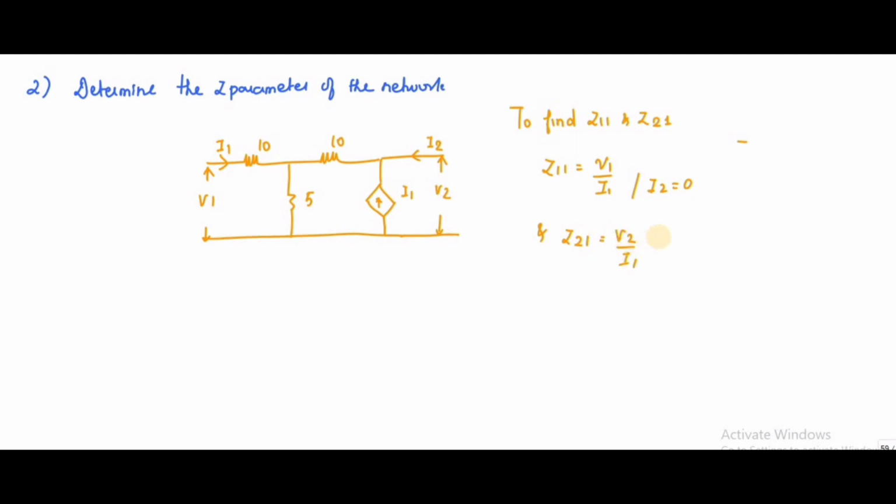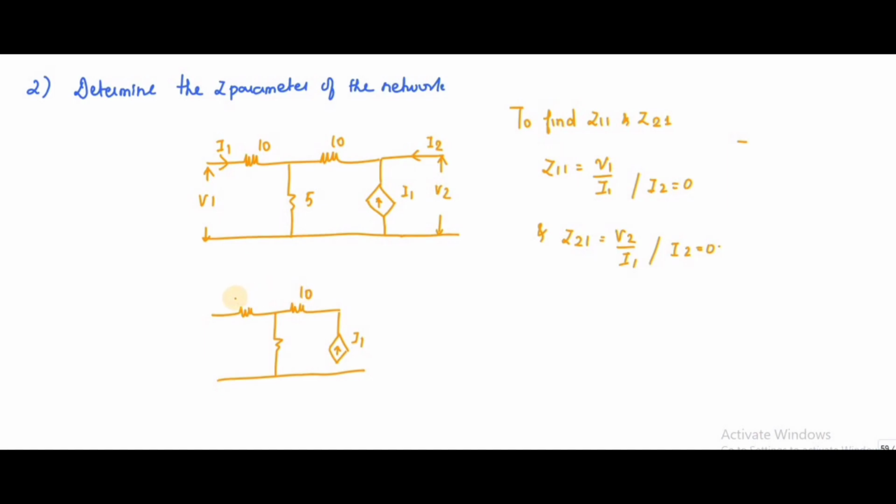You can have a dependent source in this type of network, so I have to redraw the circuit and substitute I2 is equal to 0. Let's see what will happen.